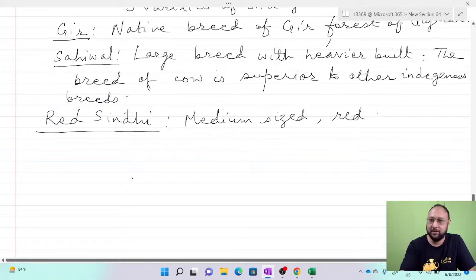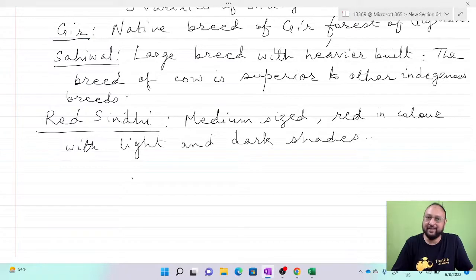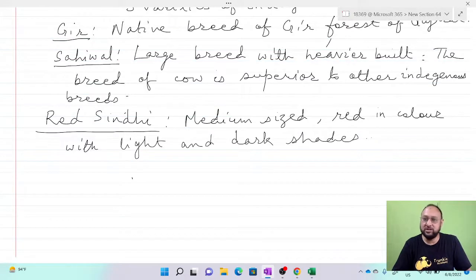Red in color with light and dark shades. So these are the three indigenous breeds of cows: Gir, Sahiwal, and Red Sindhi. Gir is a native breed of Gujarat, of small to medium size. Sahiwal is a large breed with a heavier build, and is a little superior to other indigenous breeds of cows.